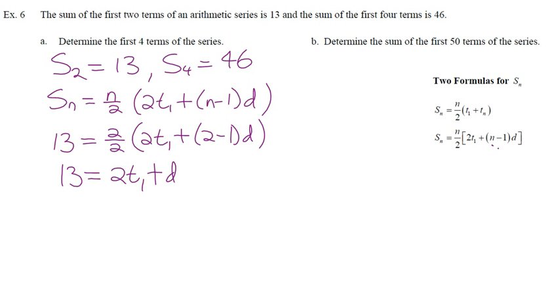So there's one equation which expresses a number in terms of t1 and d. We're going to do the same thing here, but this time with S4. So I'm going to say 46 is equal to 4 over 2, because this time n is 4, times 2t1 plus 4 minus 1 times d.